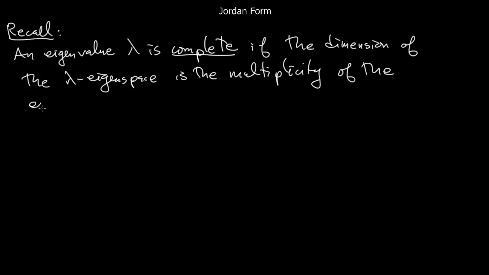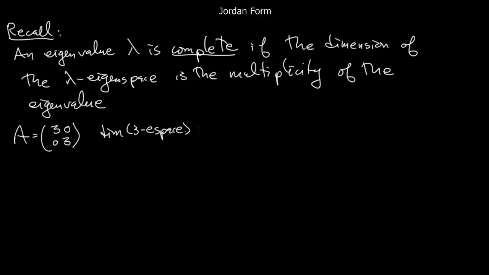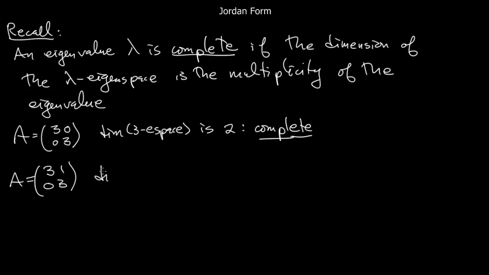And complete is good. Complete's sort of the nicest situation. So for example, in this case, the multiplicity of the eigenvalue is 2, and the dimension of the 3 eigenspace is 2. And this is complete.